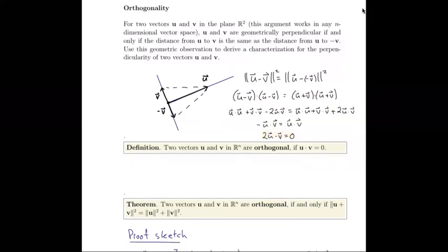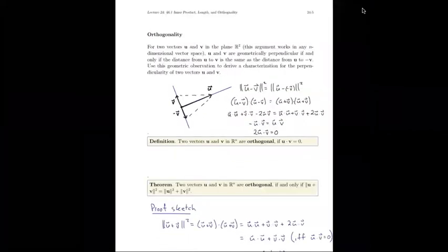So what we arrive at is this situation. We'll define two vectors u and v in Rn to be orthogonal if u dot v is equal to 0. In other words, if their inner product is 0. Now, this is probably still somewhat familiar if you've taken a calculus course or potentially a physics course that's dealt with vectors like this.